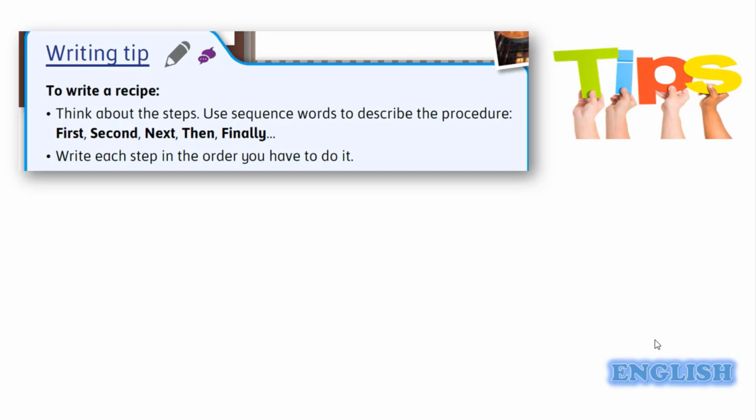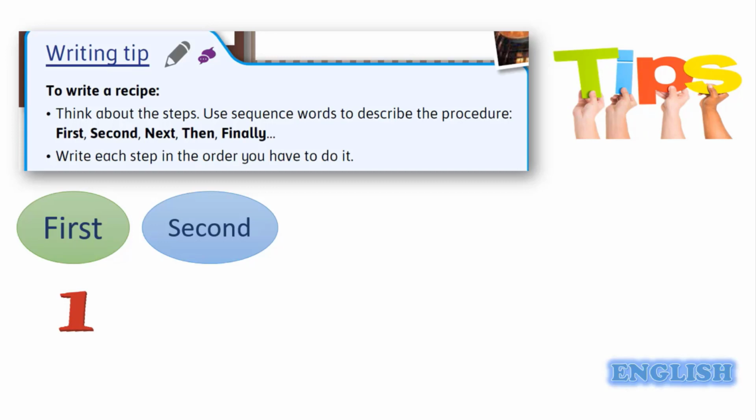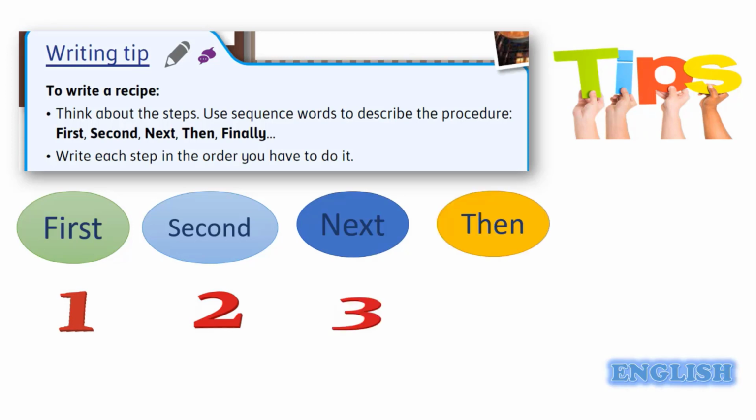For example, first, second, next, then, and finally. Then you have to write each step in the order you have to do it. So here you have to use the word first for the first step, and the word second for the second step, and the word next for the third step, and the word then for the fourth step.